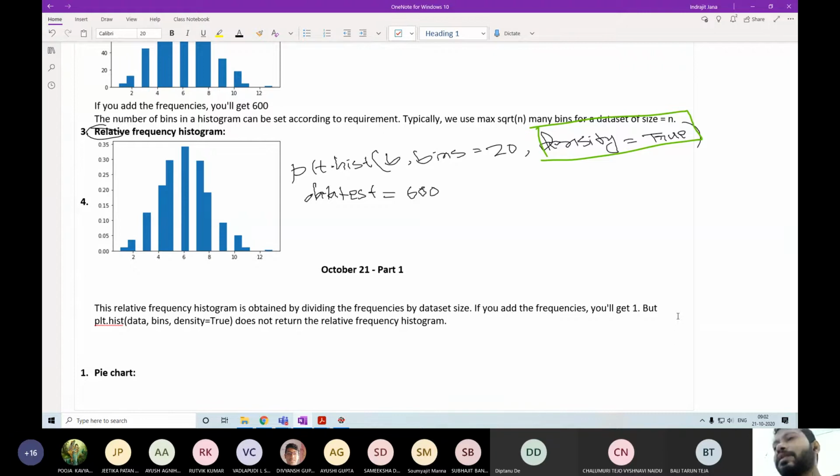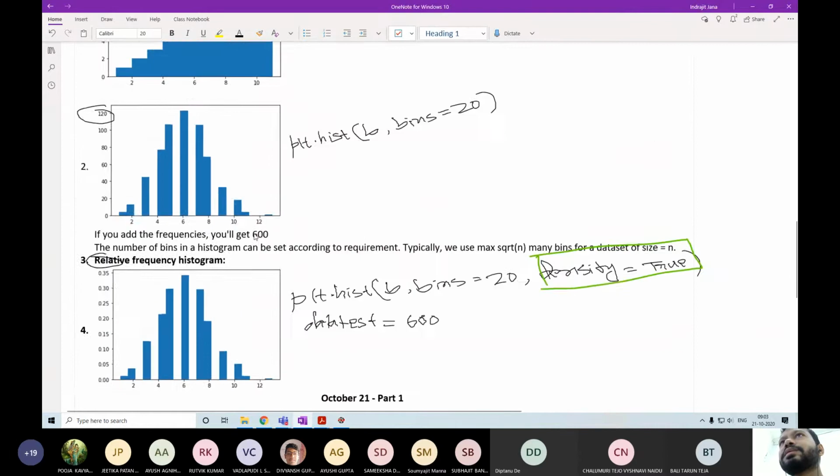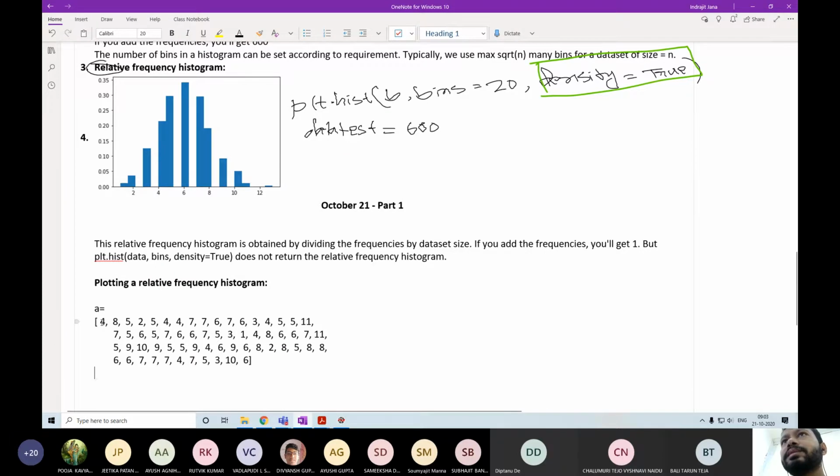So how do you actually plot a relative frequency histogram, let's say, in Python? I want to demonstrate that. Suppose we have this data. Let's recall it from the previous class.